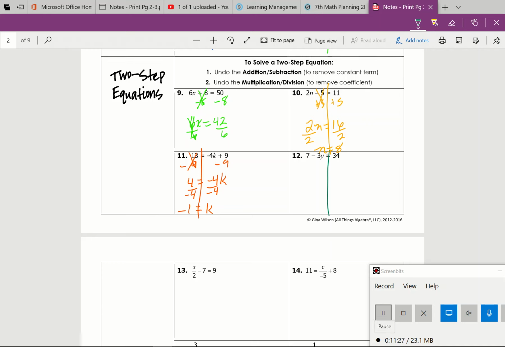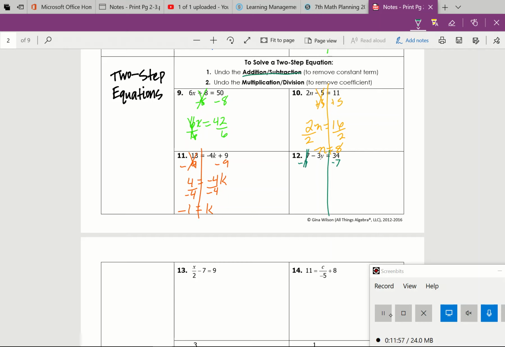Now this one is one of my favorites because it gets a little tricky. We want to undo addition and subtraction. It looks like this is minus 3. But the 3 is being multiplied. So this is actually a negative 3. And it's a positive 7, so I'm going to use a negative 7 to get rid of it.